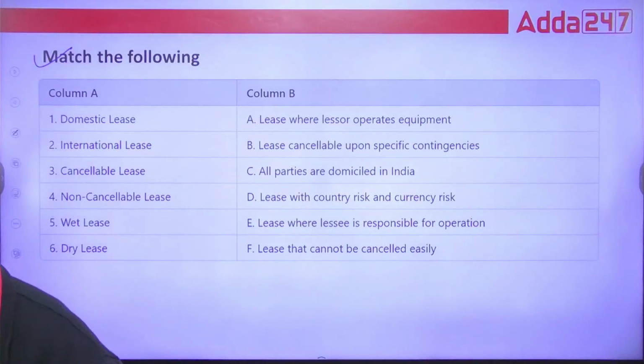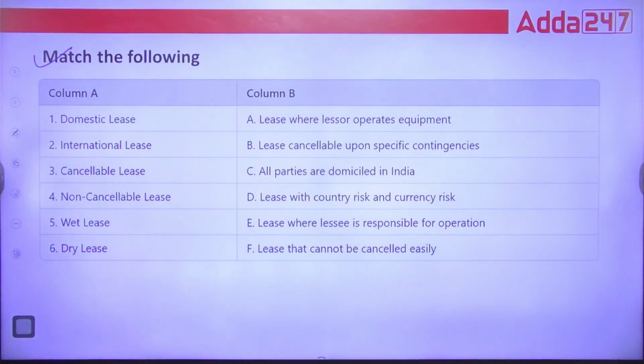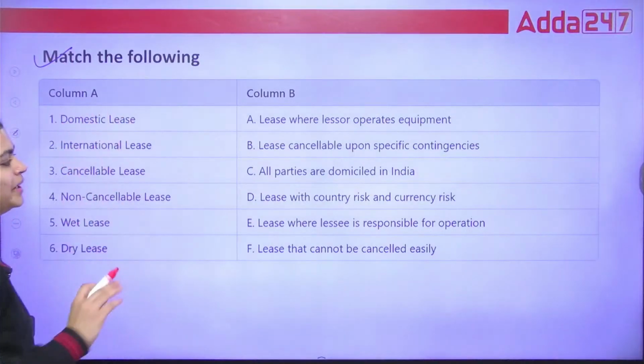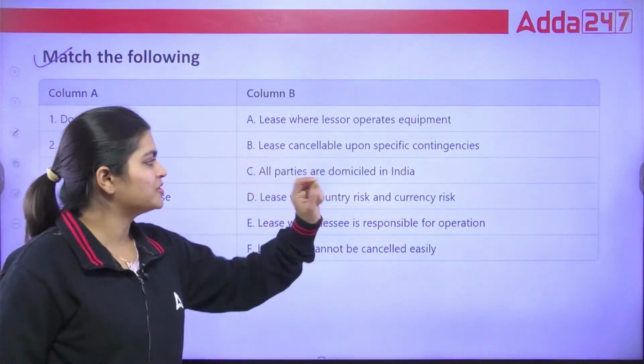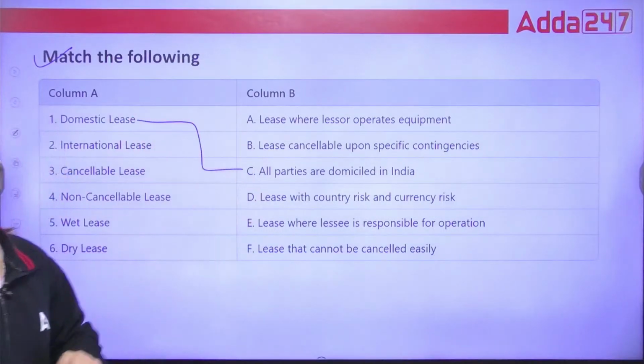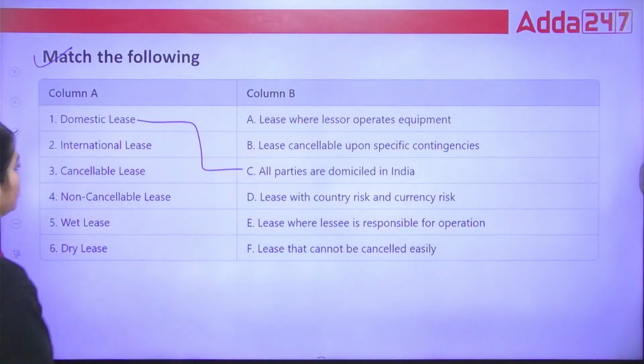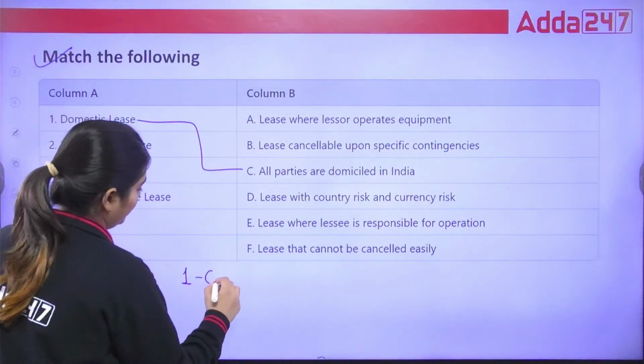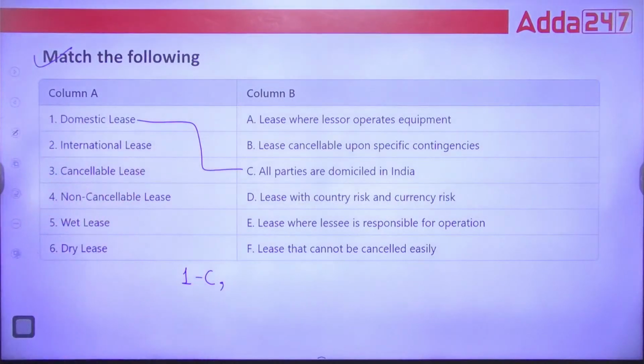So as I can see, domestic lease means all parties are domiciled in India. That is totally correct. Then, what about the next? What about international lease?